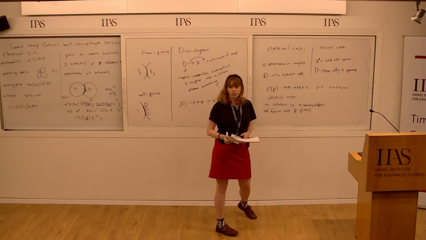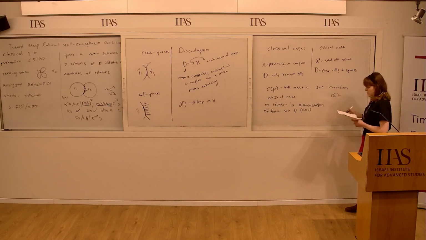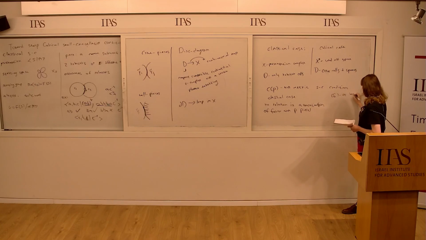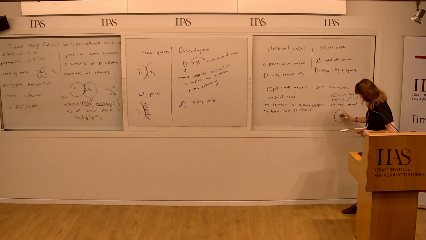Okay, so for example, C(6) is just to say that at least 6 pieces are needed to go all the way around. So if this is a relator, you need at least 6.